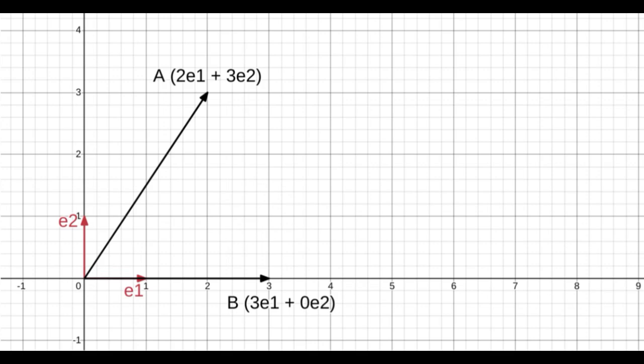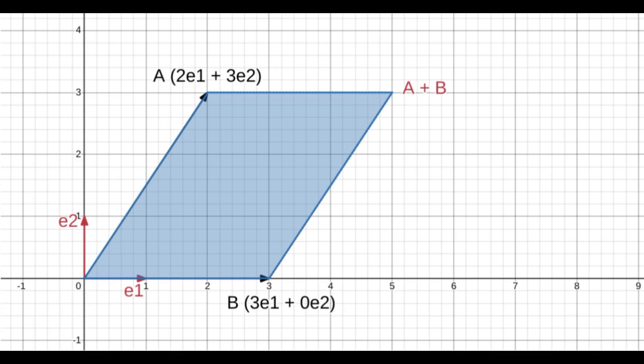The easiest way to do this is to add them together, so this is A plus B. Then you draw a line segment parallel to B, going tip to tip, and from A plus B you go to the tip of B, parallel to A, and you get this. So this A wedge B, going clockwise, is our bivector.